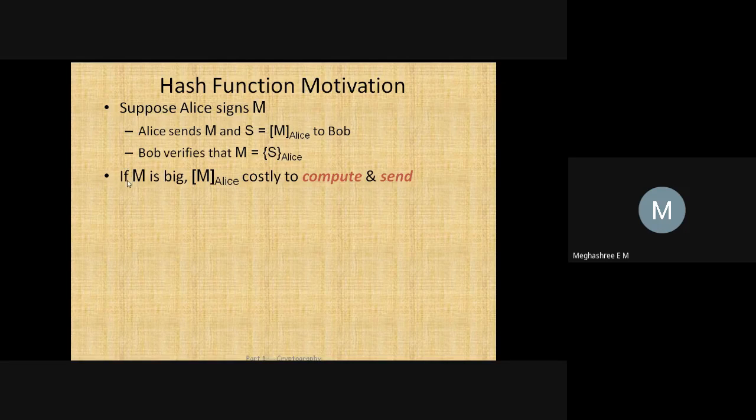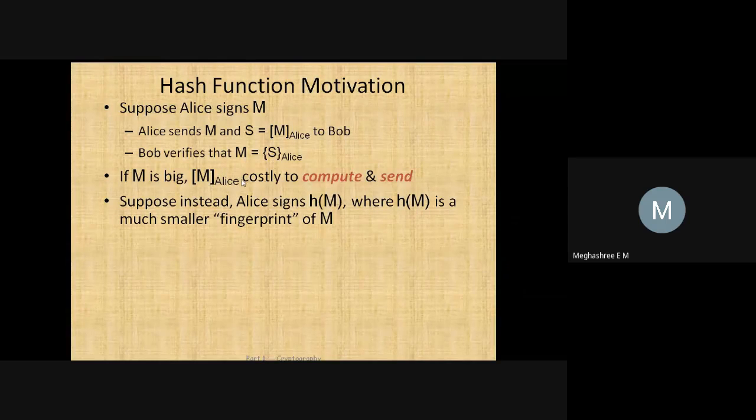There is one more problem: if the message M that Alice wants to send to Bob is large, with huge content, then calculating M of Alice, that is generating the ciphertext, would be costly for Alice. It takes too much time, and it also consumes lots of data to send over the network. So this is one problem.